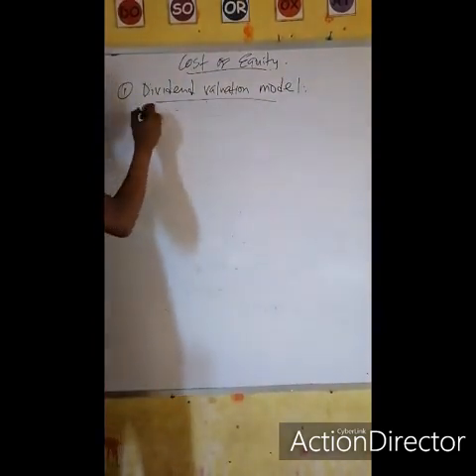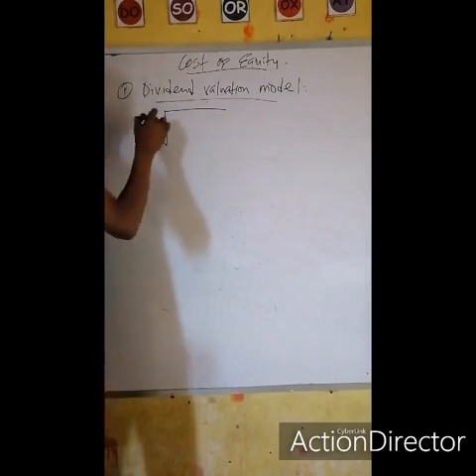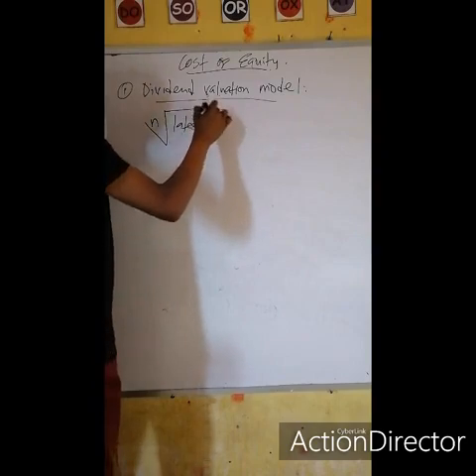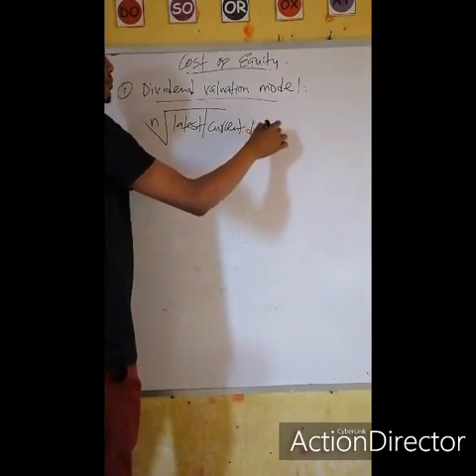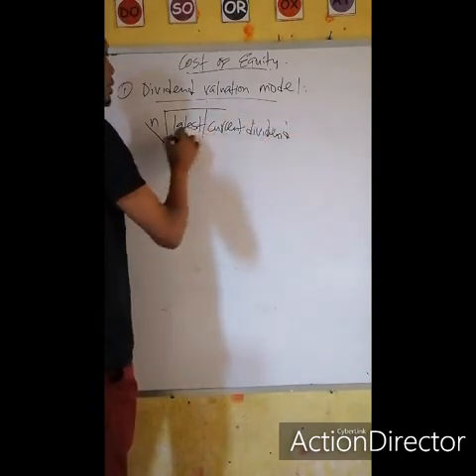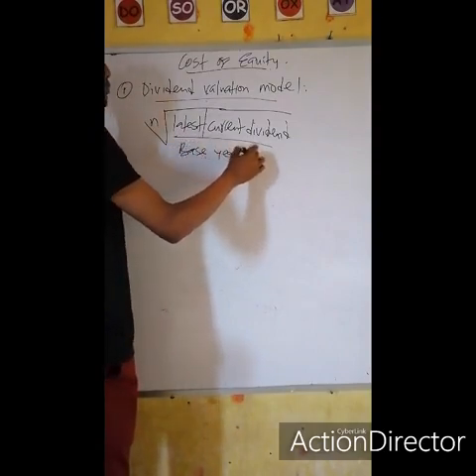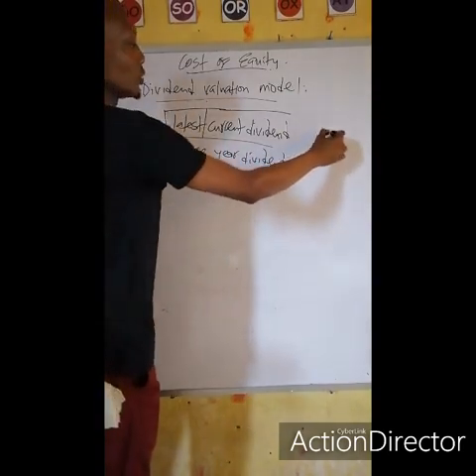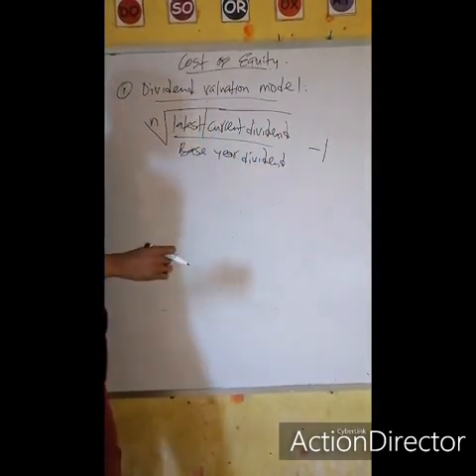The formula here is the nth root of latest or current dividend over base year dividend, all minus 1. Mind you, the square root sign does not cover this minus 1. Everything minus 1.